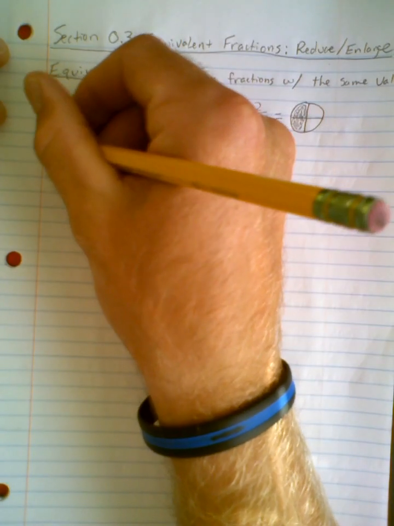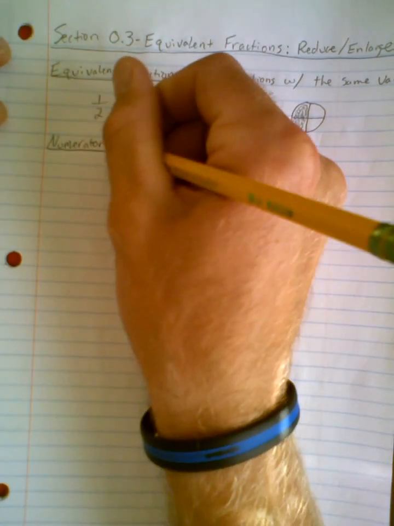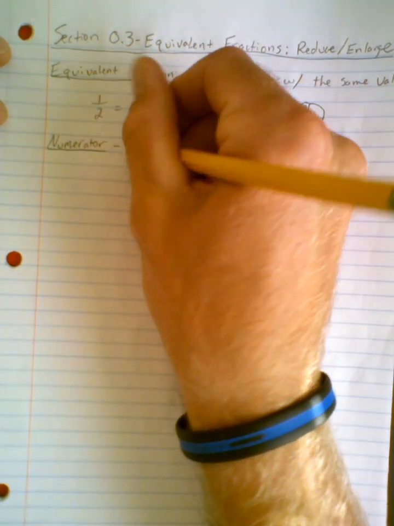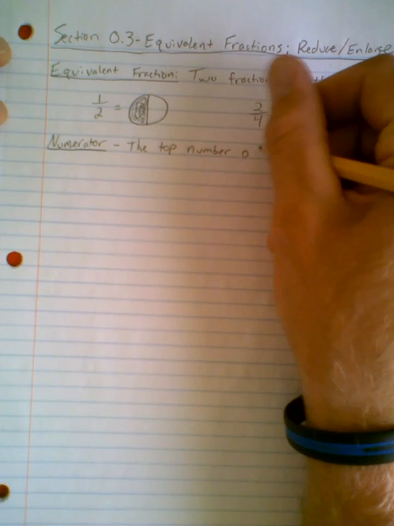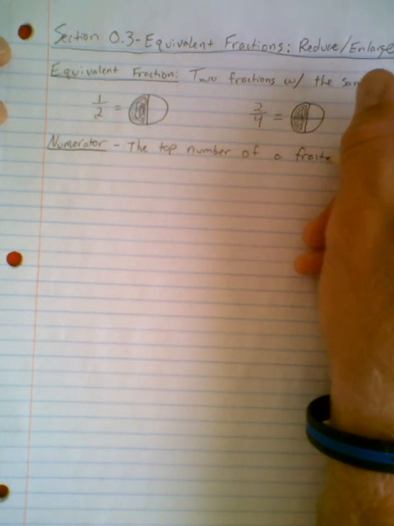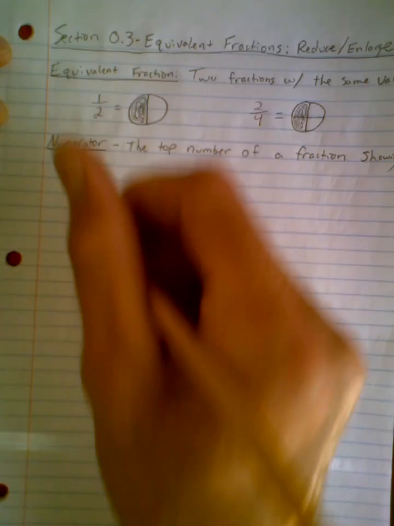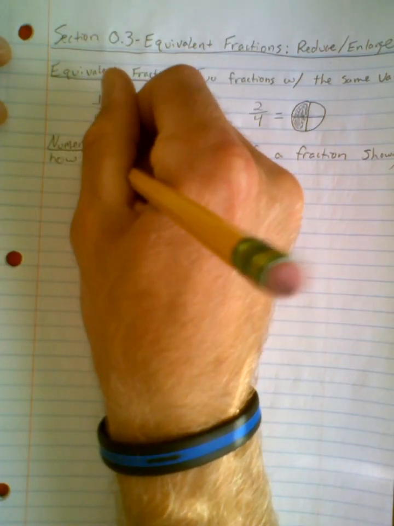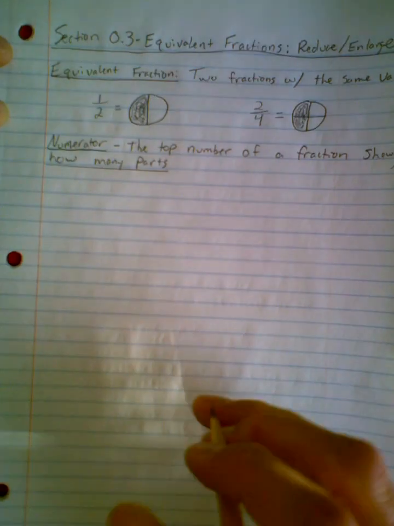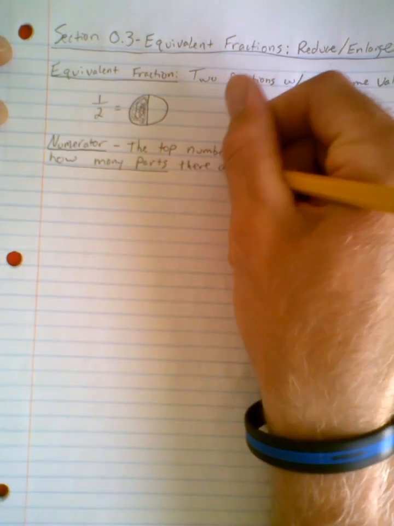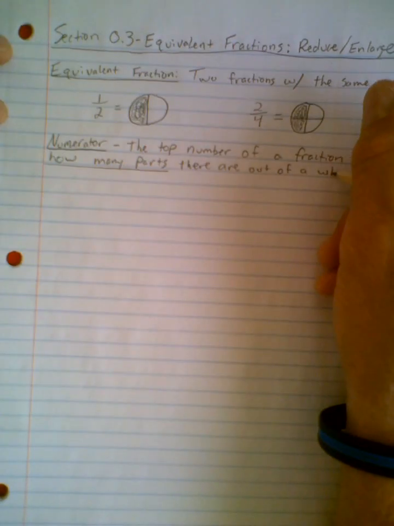Now, with your equivalent fractions, you need to know what your numerator is. So on fractions, you have a number called a numerator. The numerator is the top number of a fraction, showing how many parts, and underline that, there are out of a whole.